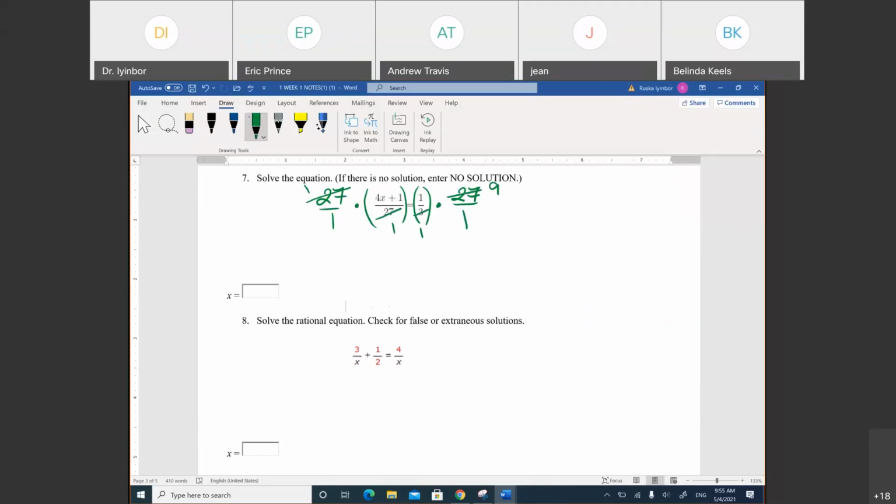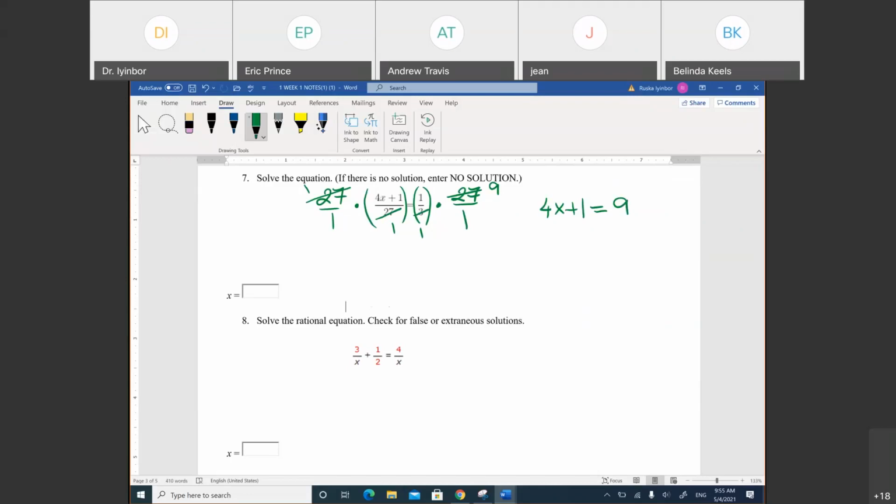See, no more fractions, nothing in the bottom. It's only 1 left. So when you multiply by the denominator, everything cancels and you just write down what is left with no fraction. So we are left with 4x plus 1 equals 1 times 9, which is 9. So this is the equation left, and this is what you have to solve.